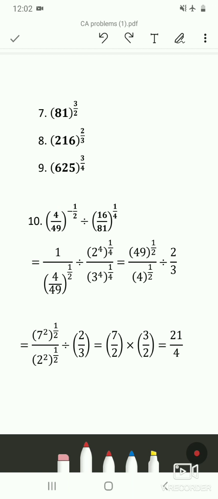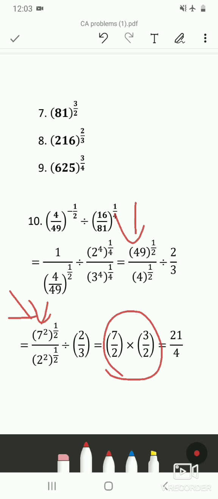So next we have taken the first term and we have simplified, that 49 goes to the numerator, and then this term we have simplified using the third law, and we'll get the answer as 2 upon 3. And here in this term we have written 49 as 7 square and 4 as 2 square, and then again we have used the third law and we have arrived to this step, and the final answer is 3 sevens are 21 upon 2 twos are 4.